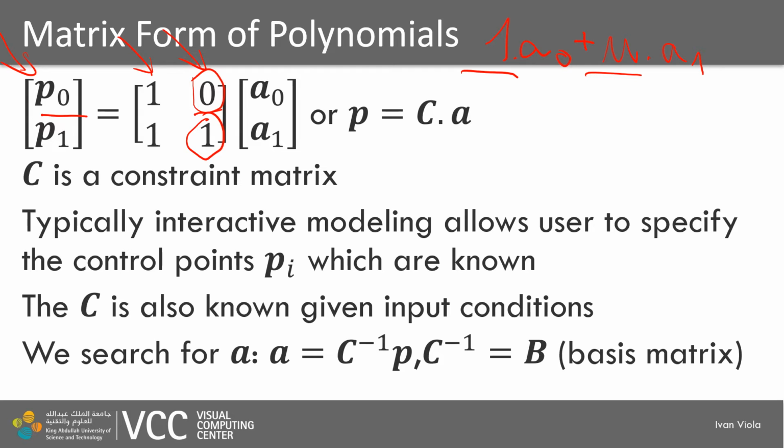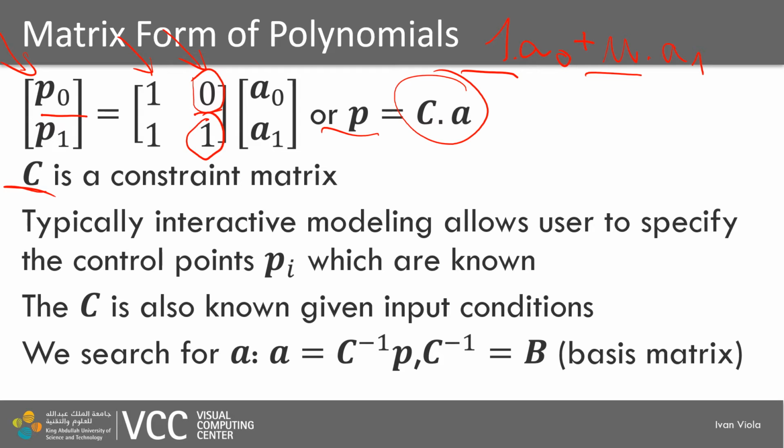So it holds that once we multiply these coefficients with the matrix, we will get to our points. This matrix C we call a constraint matrix, and it defines the constraints of our parameter u.